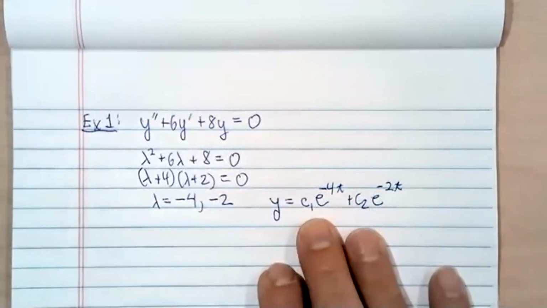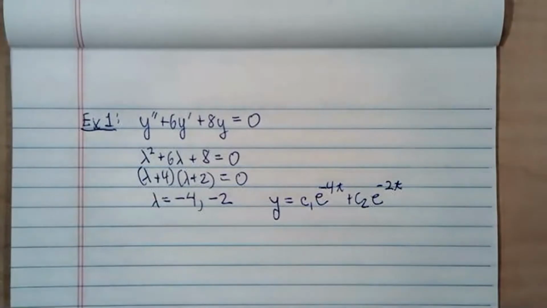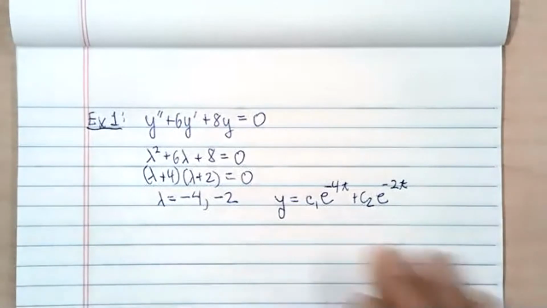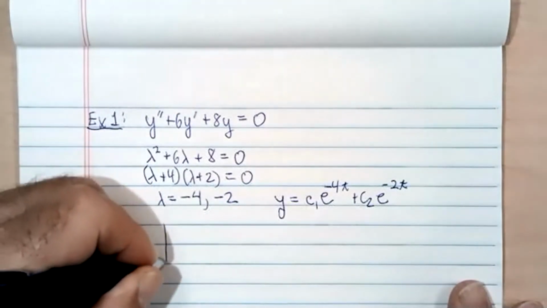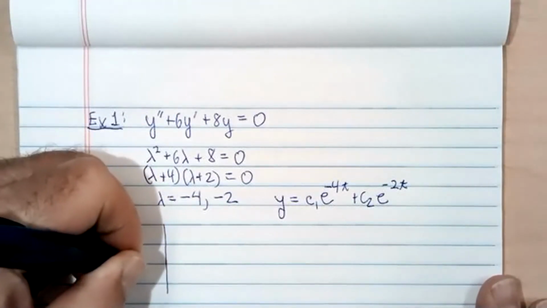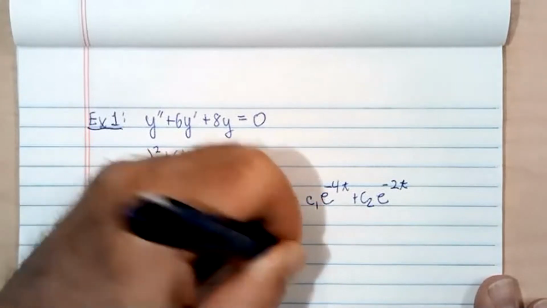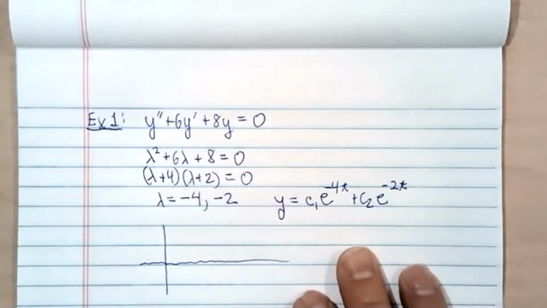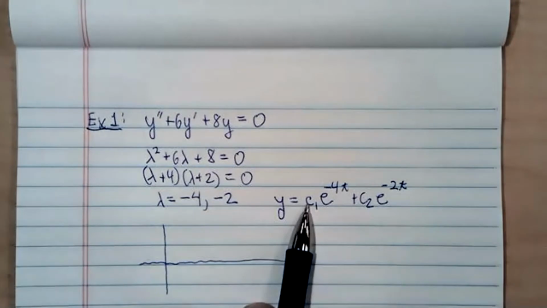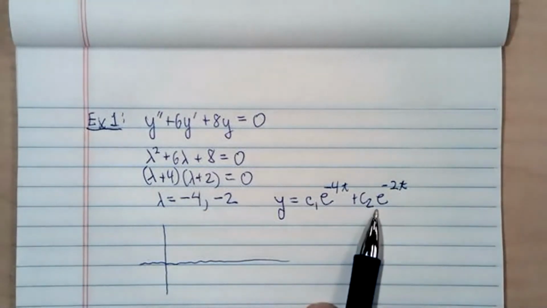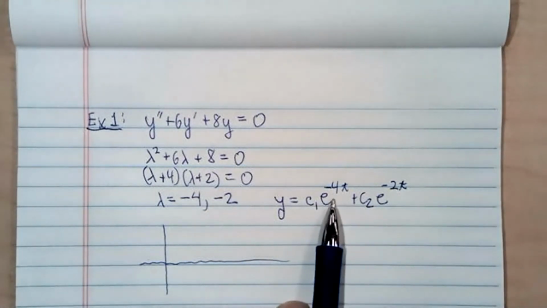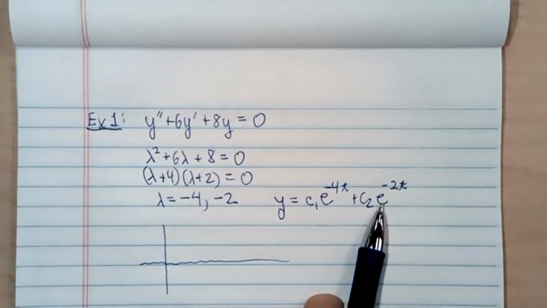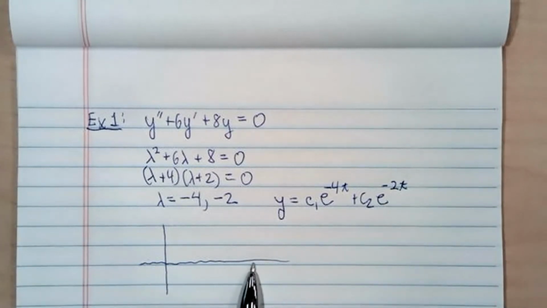Now, in a certain way, you could think of this as being stable if we were to sketch these solutions. Well, it all depends, of course, on the values of C1 and C2, right? But both of these functions decay exponentially towards y equals 0.